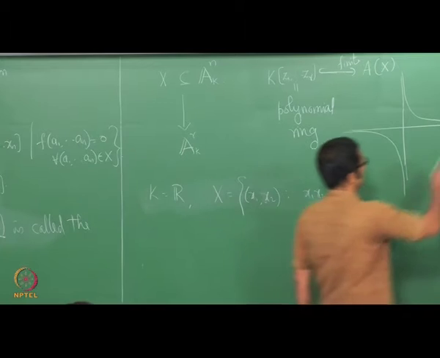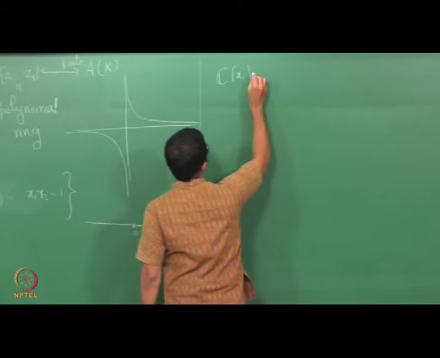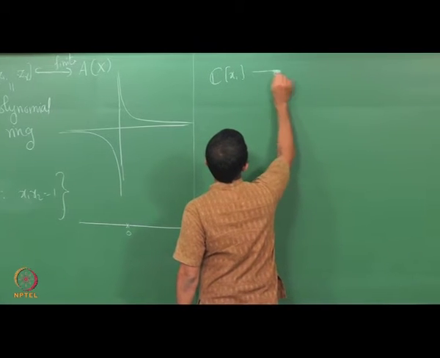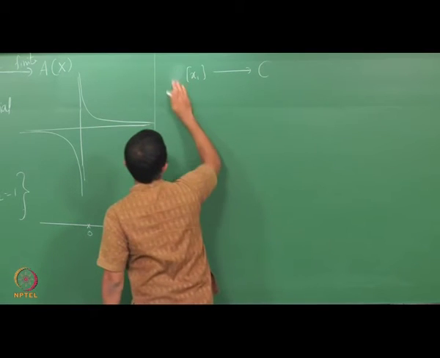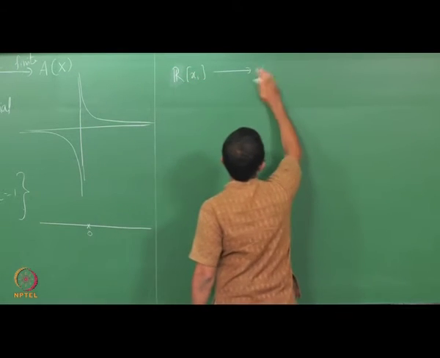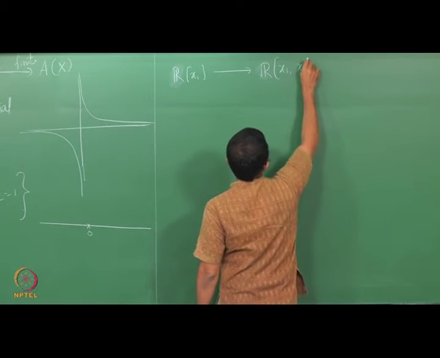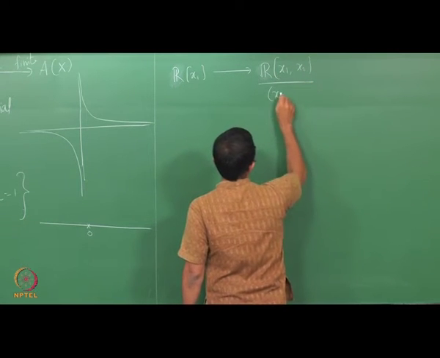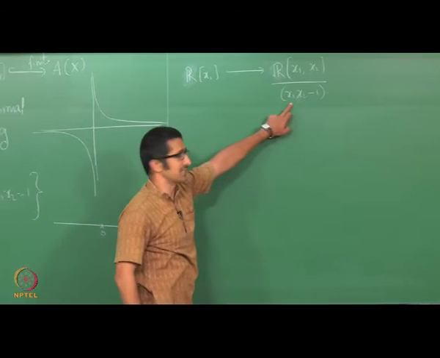Correspondingly, I have R[x1] mapping to R[x1, x2] modulo (x1 x2 minus 1), which is the coordinate ring of this variety.